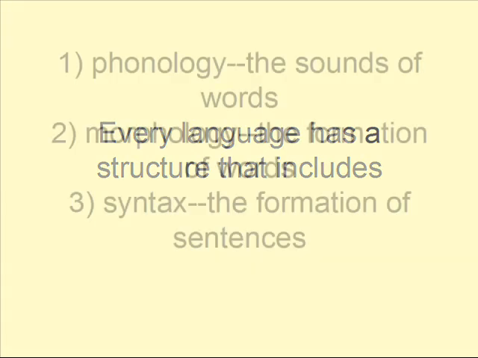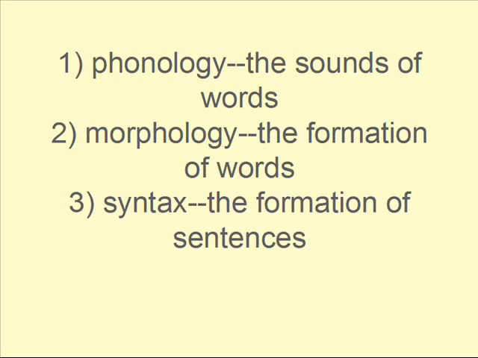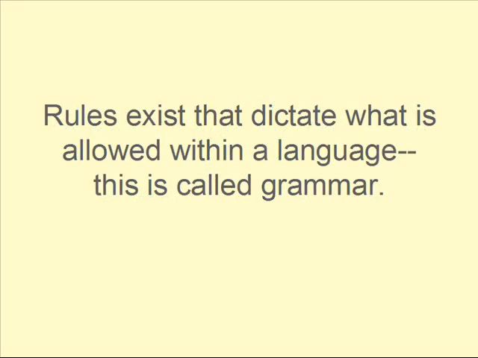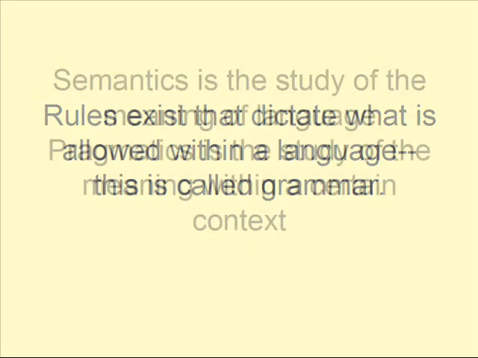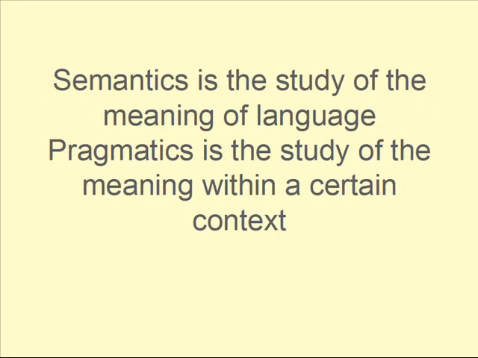Every language has a structure that includes phonology, which is the sounds of words, morphology, which is the formation of words, and syntax, which is the formation of sentences. There are rules that exist that dictate what is allowed within a language. These rules are called grammar.